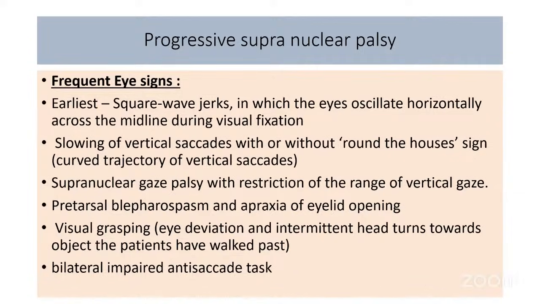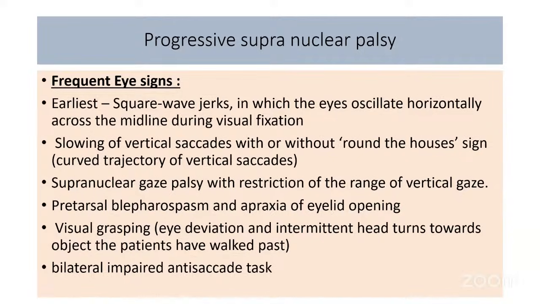Then supranuclear gaze palsy with restriction of the range of vertical gaze, pretarsal blepharospasm, and apraxia of eyelid opening. And visual grasping: eye deviation and intermittent head turns toward the object. When someone is walking forward, they will not be able to stop, so they will have to move towards it and see.